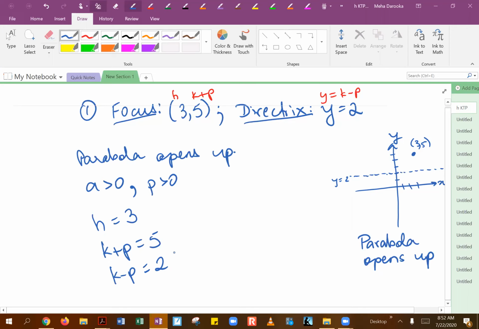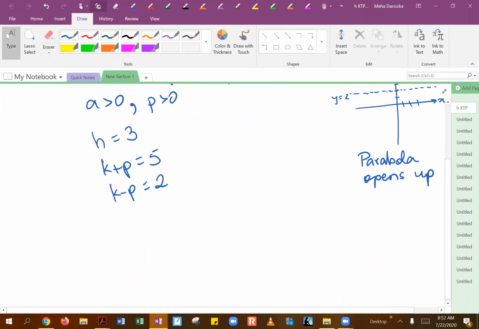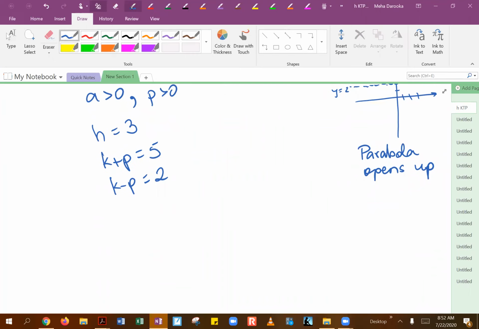We just got done talking about systems of equations in the last chapter, so you can actually use a system of equations right here in these two equations, I guess, is almost what I would want to call them. You have k plus p equals 5 and k minus p equals 2.